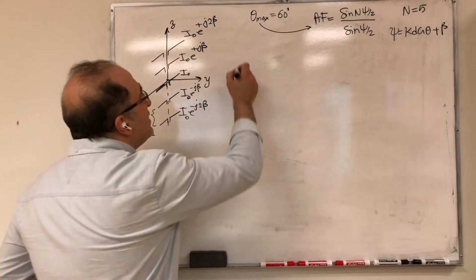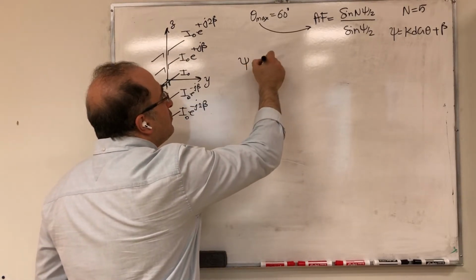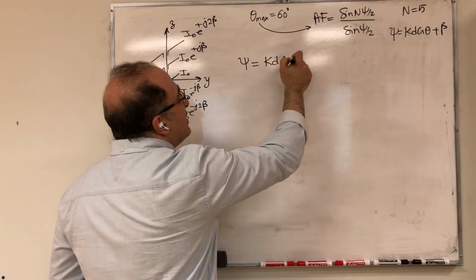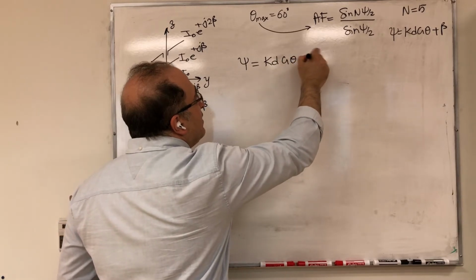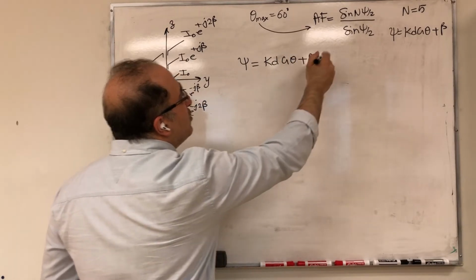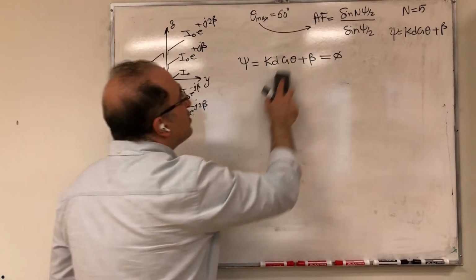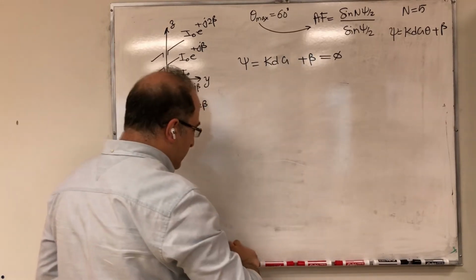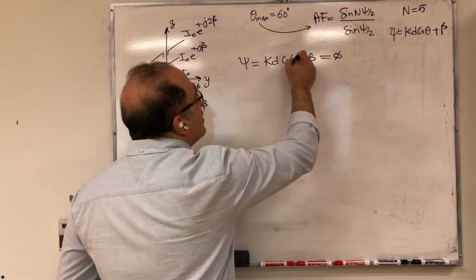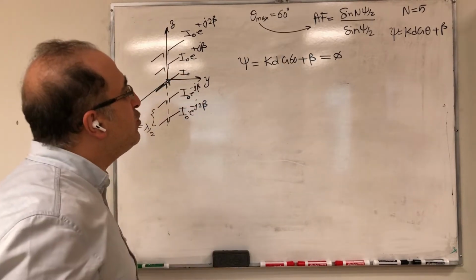So setting psi, which is kd cos theta plus beta, we want it to be 0 at theta equals 60. So you just substitute theta with 60 here, and that becomes this, which we need to satisfy.